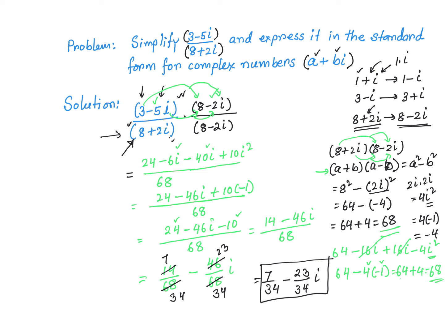Now if you take 3 minus 5i and divide it by 8 plus 2i, then your answer should be 7 over 34 minus 23 over 34 times i. And that should be your final answer. Now, here is a point that I would like to emphasize.